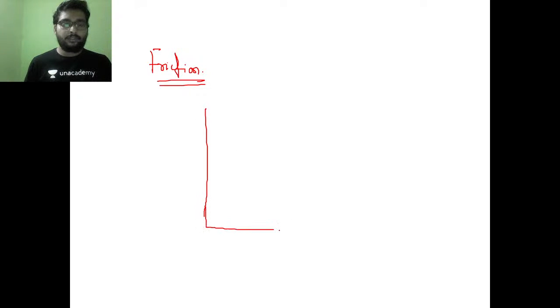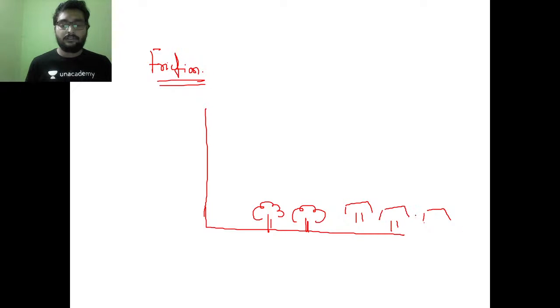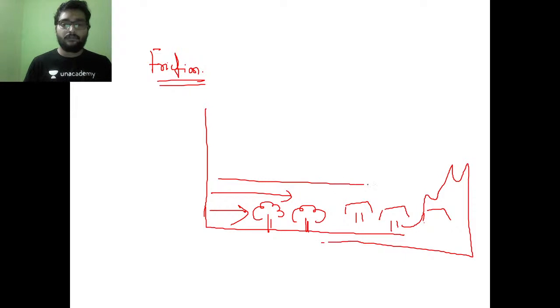The next factor that affects the wind speed is friction. In the lower atmosphere the friction is more, because there are different structures which prevent the wind from flowing, so the wind gets more friction.